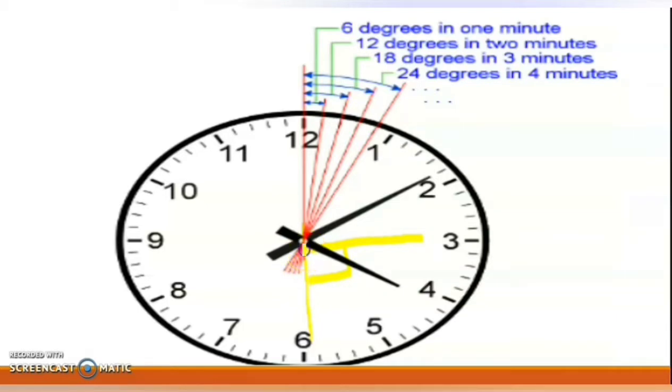Similarly, if they are facing in the opposite direction, say the minute hand is pointing towards 9 and the hour hand is pointing towards 3, then this angle is 90 plus 90, that is 180. So they are exactly opposite to each other.